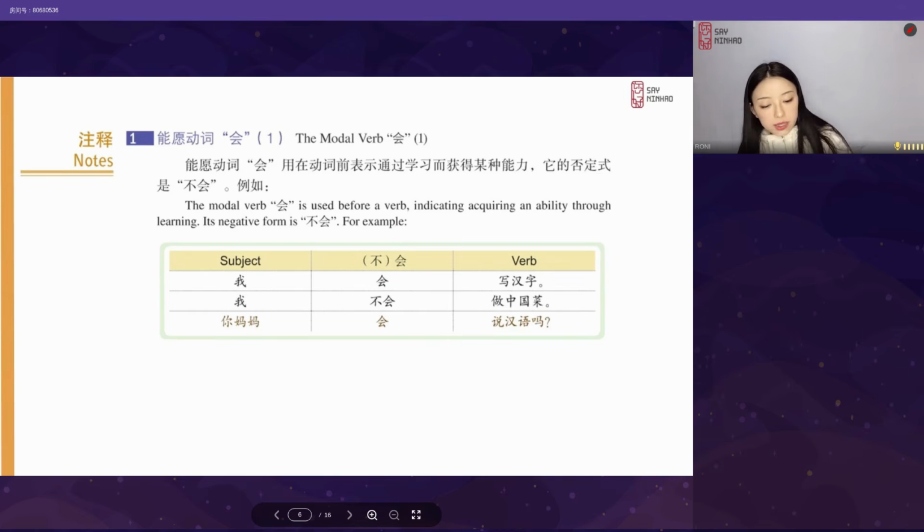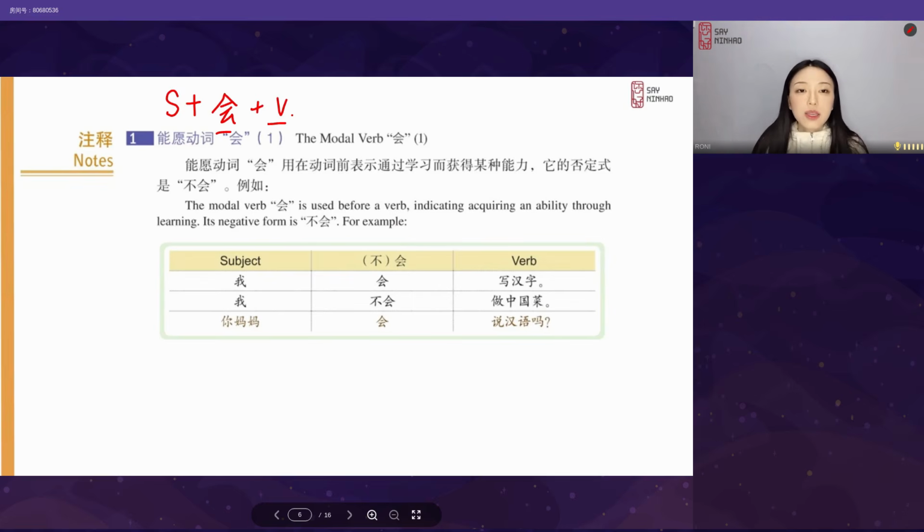The structure of 会 is the subject plus 会 plus a verb, 会做某事, can do something. The negative form of it is to add a 不 before it. Now let's see the examples.